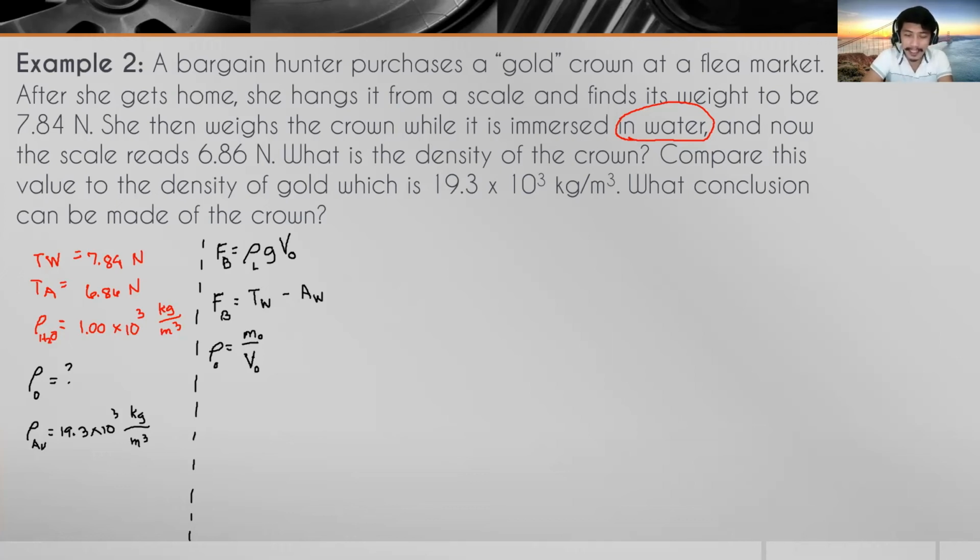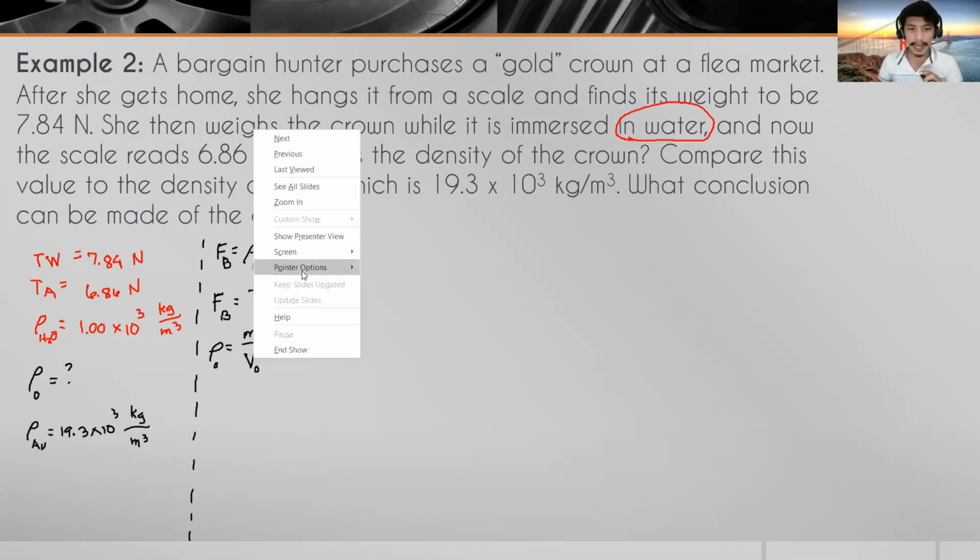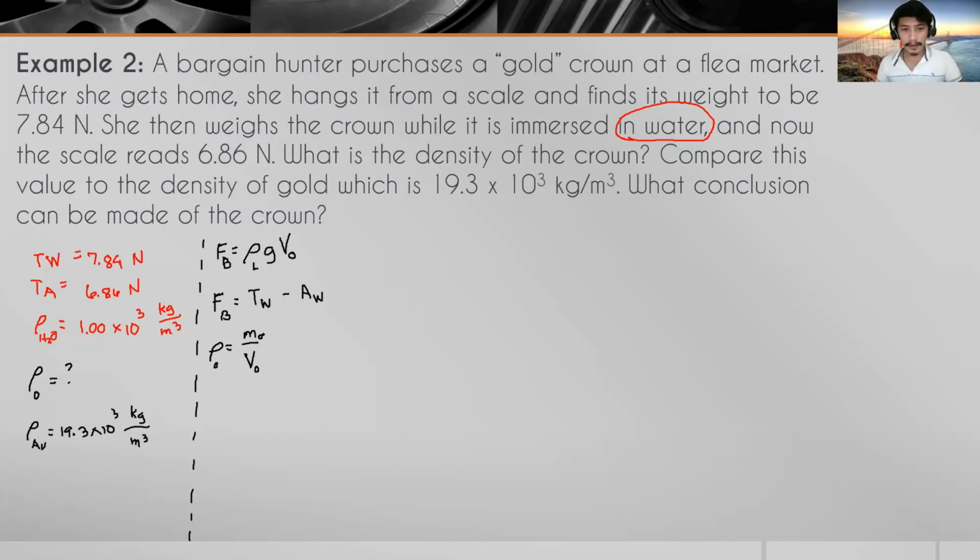So we can get the density if we have the mass of the object. Let us check if we can solve for the mass of our object. Mass is related to weight, right? So we just need the weight, the true weight, not the apparent weight. So we can get the mass. How about the volume? Can I solve for the volume of my object? Yes, I can solve for the volume.